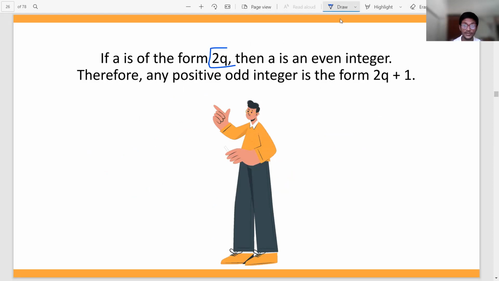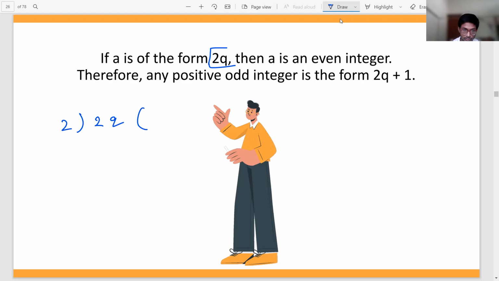Why should it be an even integer? If it is of the form 2q and we divide it by 2. What's an even integer? If an integer is divided by 2, the remainder should be equal to 0.